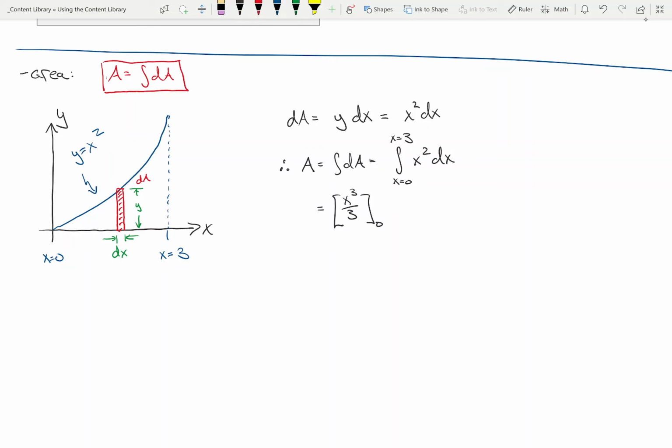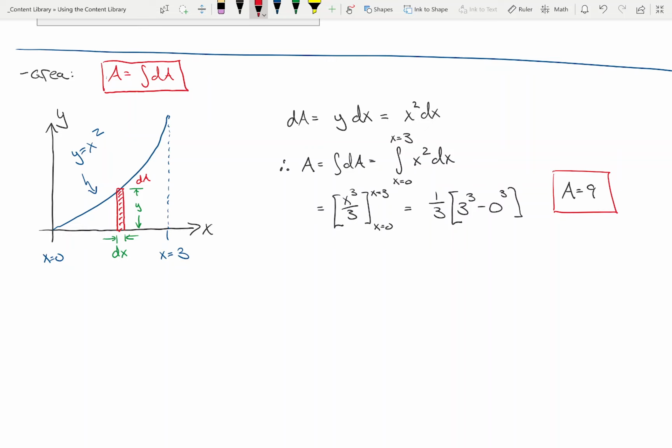And so plug in the top number minus plug in the bottom number, and I'm going to get 3 cubed is 27 over 3 is 9. So I'm going to get an area of 9. Is that fair? Okay.